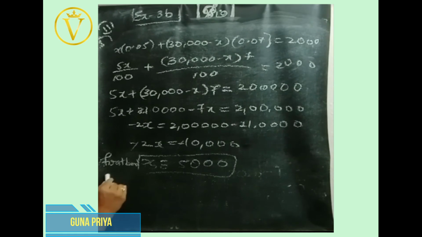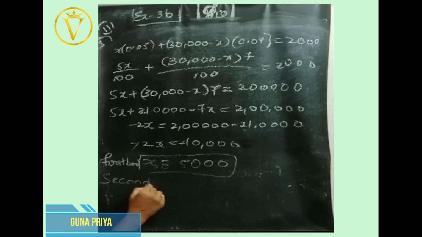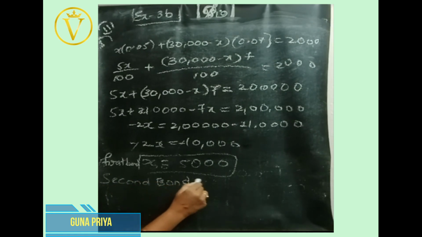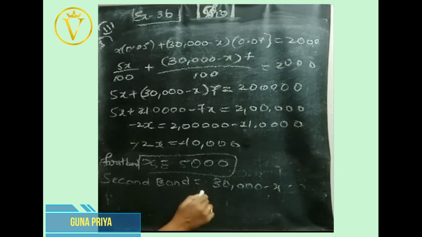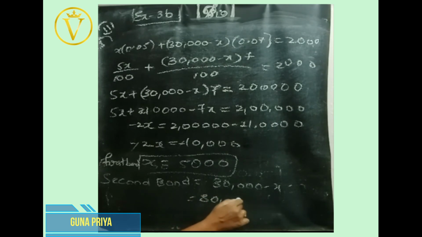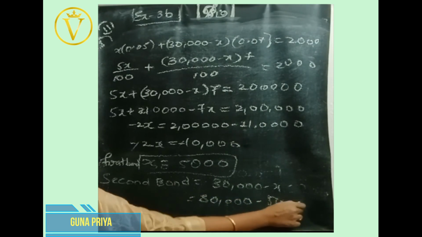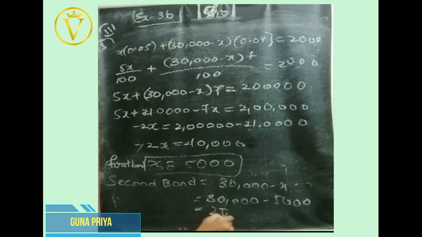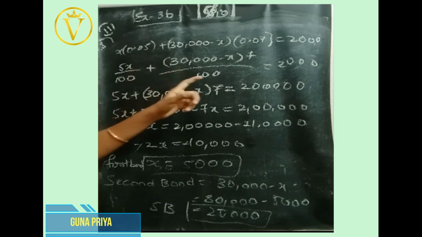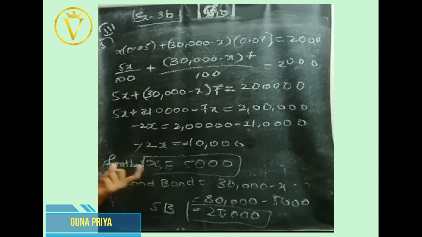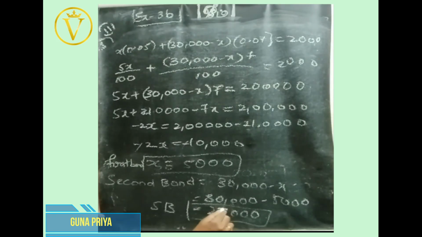Okay. Now our second bond: 30,000 minus x equals 30,000 minus 5,000, that equals 25,000 rupees. This is our second bond. For the annual total interest of 2,000, the first bond is 5,000 and the second bond is 25,000.